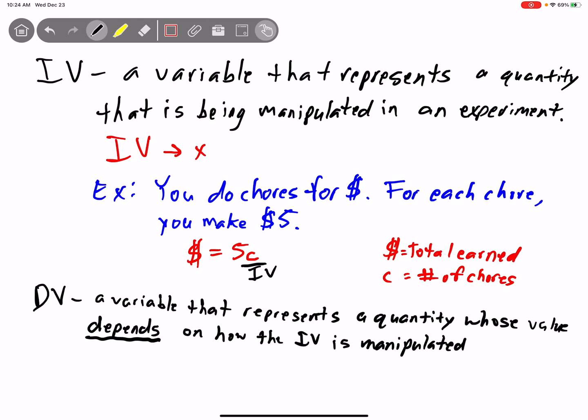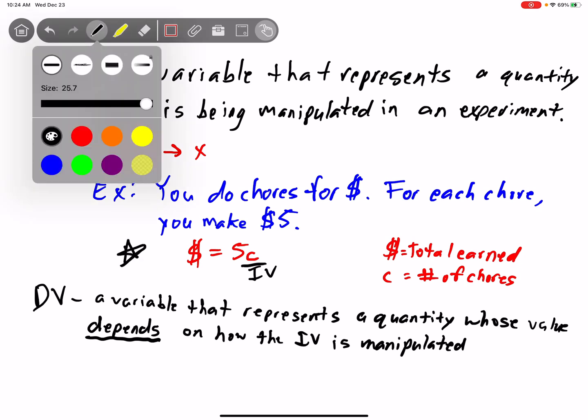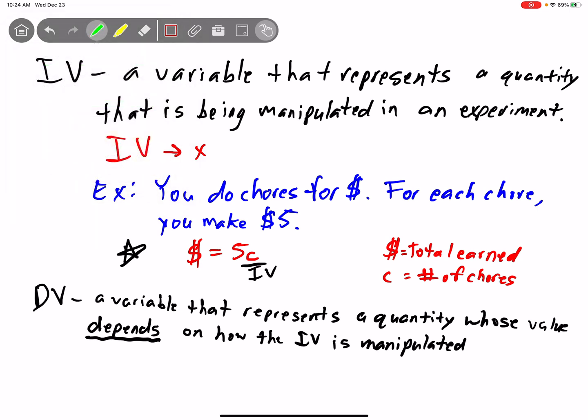Back to this example. The amount of money you make depends on, so this dollar sign or this amount of money is my dependent variable, and that amount of money depends on how many chores you do, right? Because if you're getting $5 per chore, then the amount of money you get depends on how many chores you do.